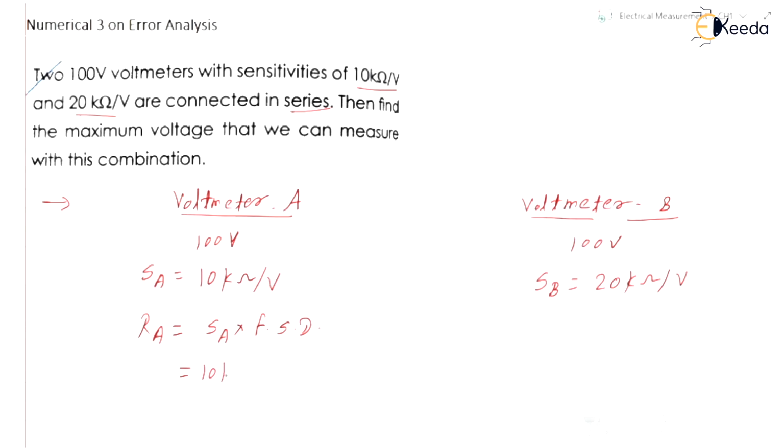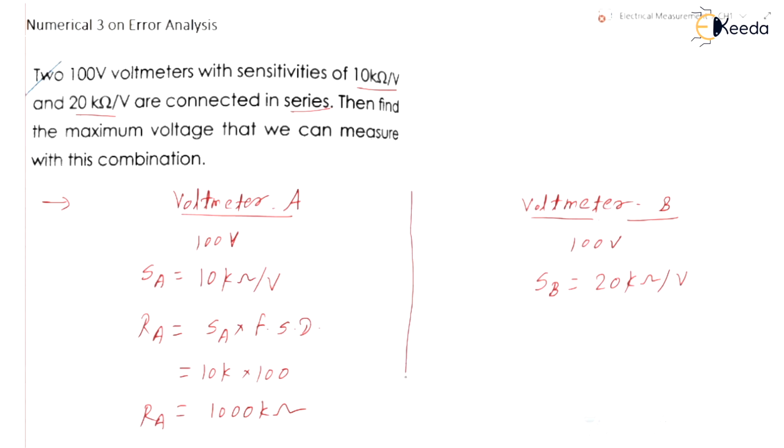It is 10K, that is 10 into 10 to the power 3, into 100. So it will be 1000K. So RA is equal to 1000 kilo ohm.